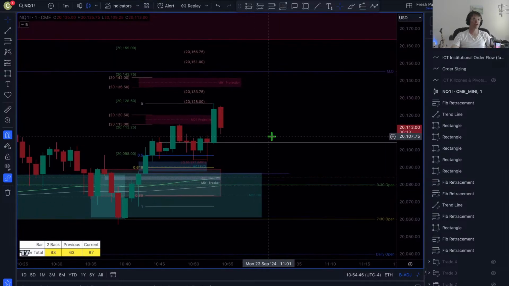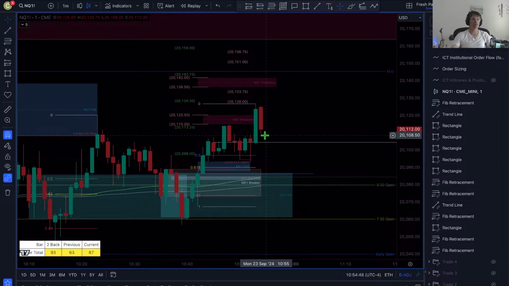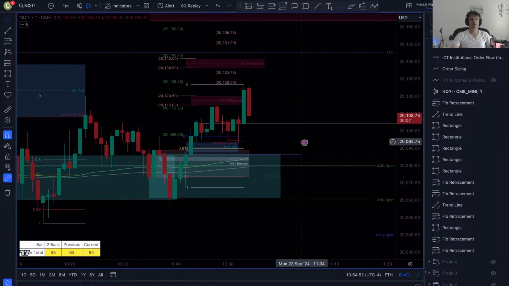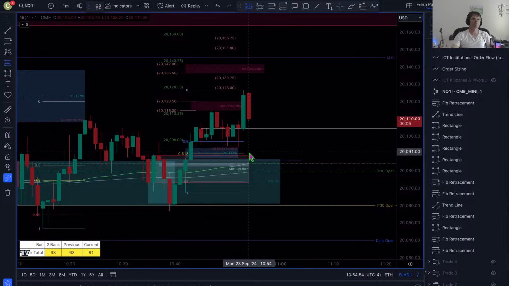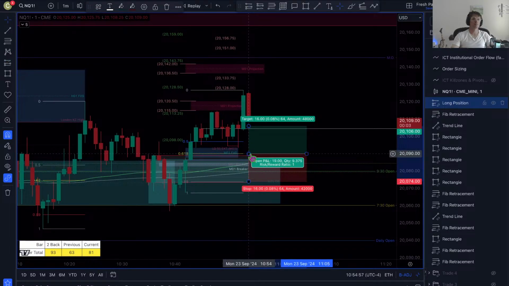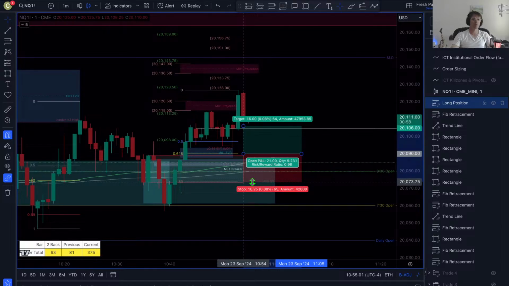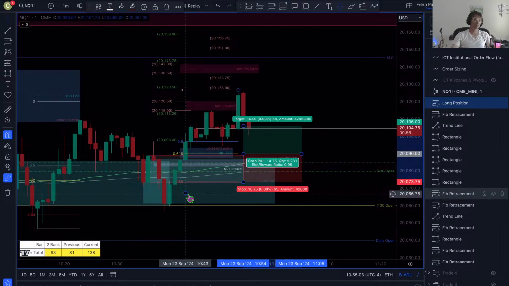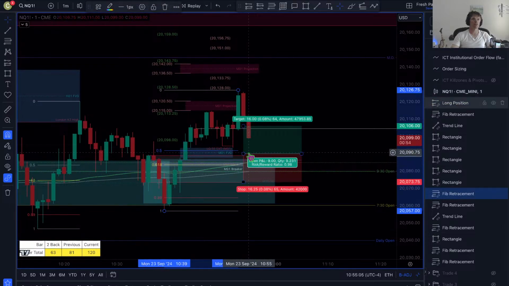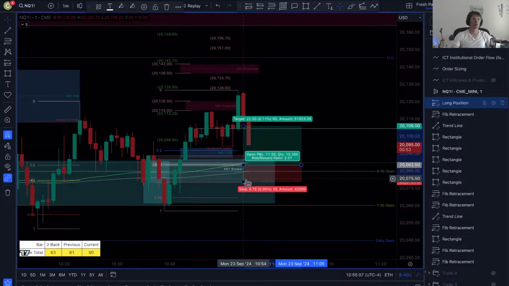So this is pretty good rejection of that as new structure, which means it could still come back down. Now the entry would be 2090. Stop right below that breaker. Actually, I think at this point I could use the larger structure. I like that better. Here we go.